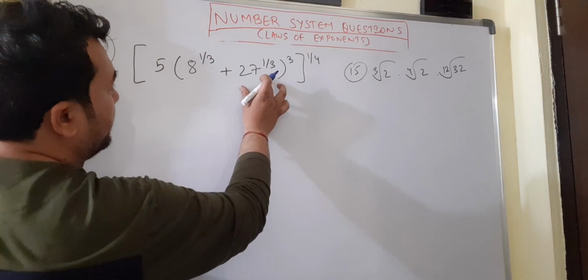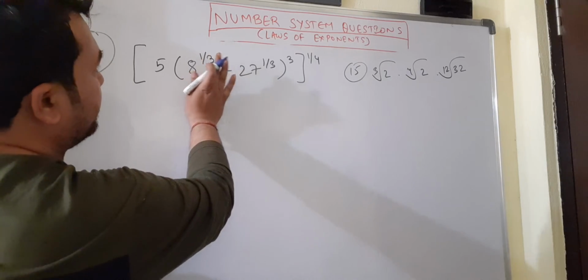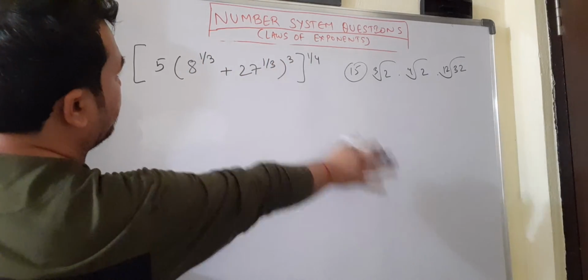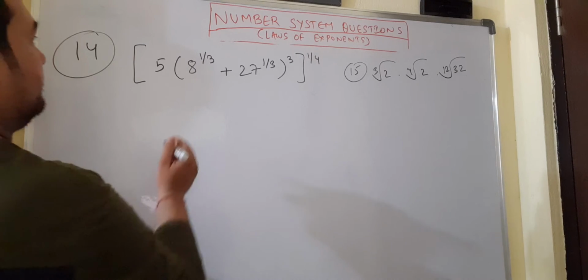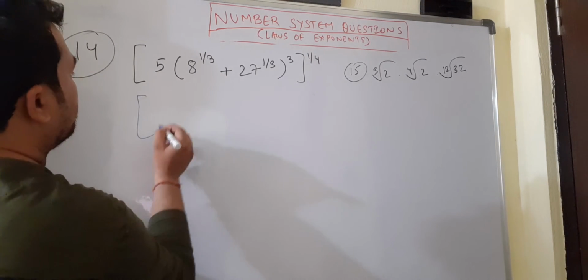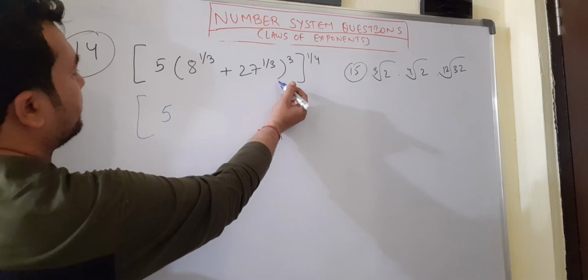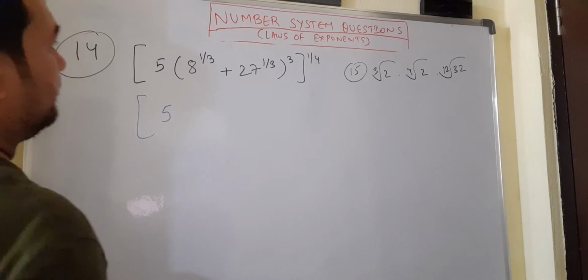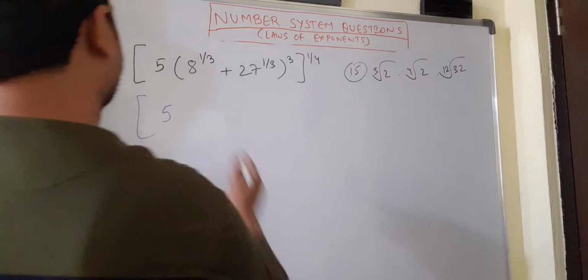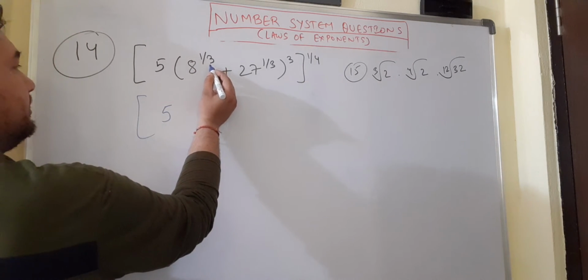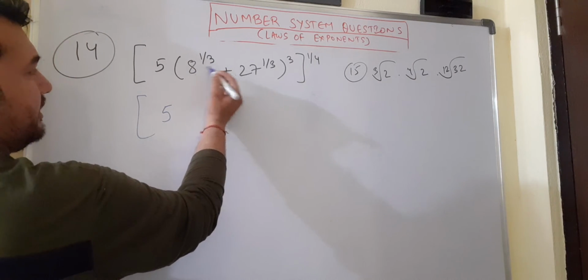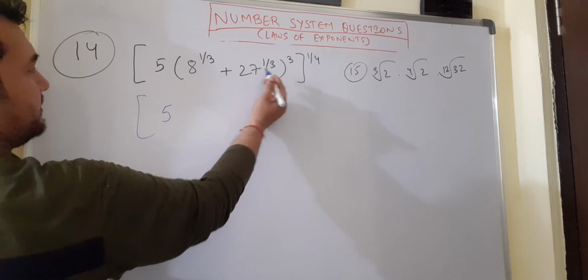You can simply find this. What is the best approach to solve this? 8 and here it is 27. Can you see some relation between this and this?